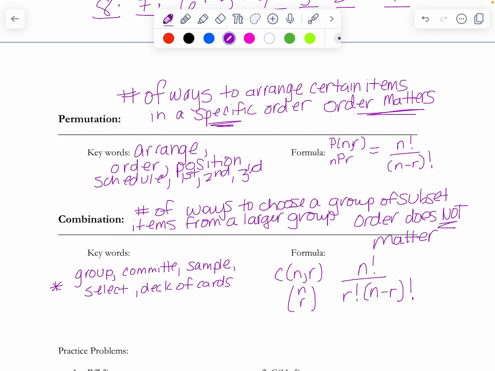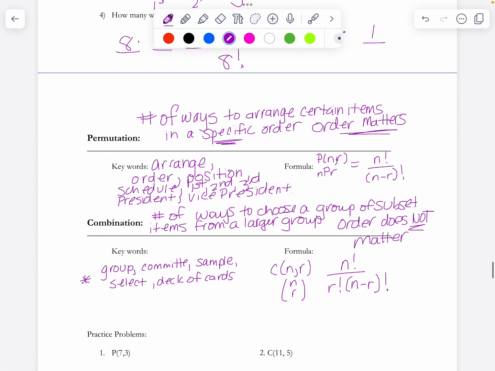If I give jobs like president, vice president, and so forth, these are just some of the words. Now, if you have to pause this to write this stuff down, go ahead and do that. And we'll talk about some more of the words in class.